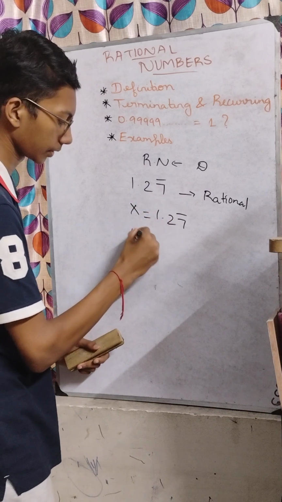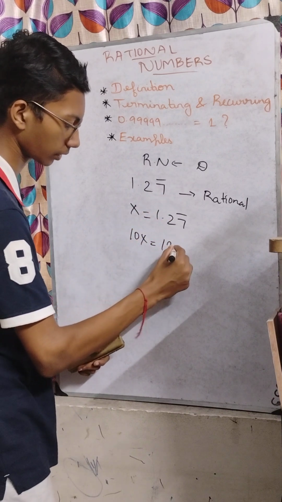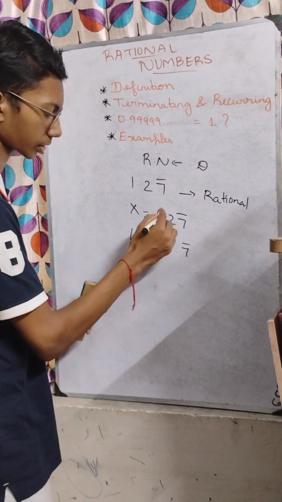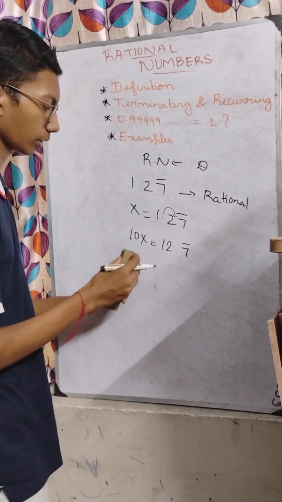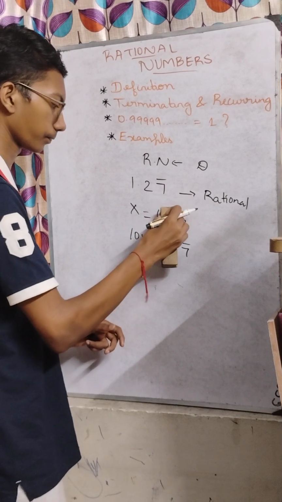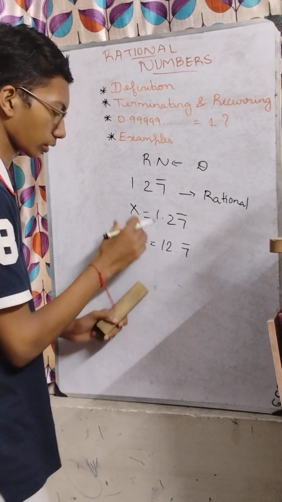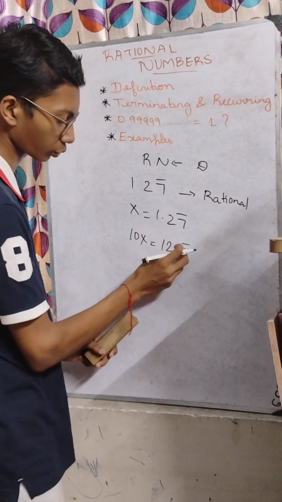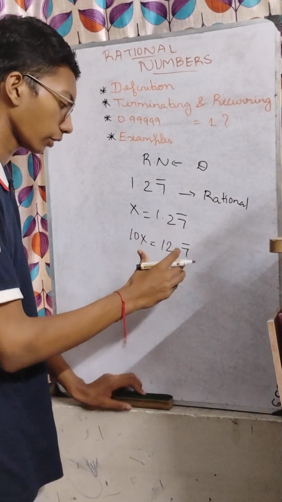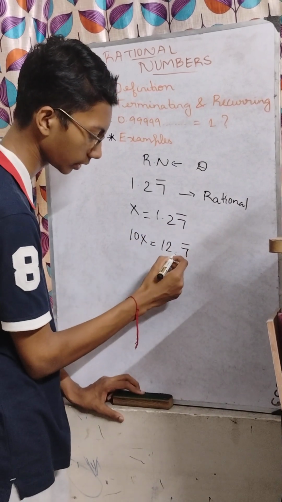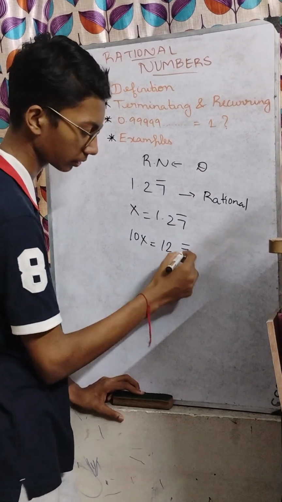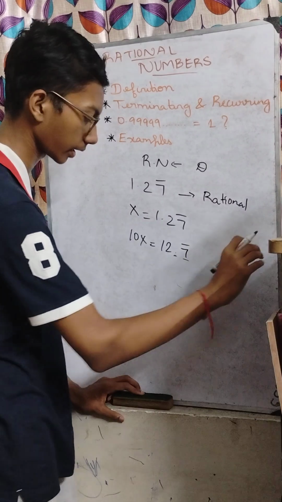Now let's multiply this by 10. We get 12.7 bar. So x equals 1.27 bar and 10x equals 12.7 bar. The idea is that we need to get the numbers after the decimal the same, that is, the recurring numbers.